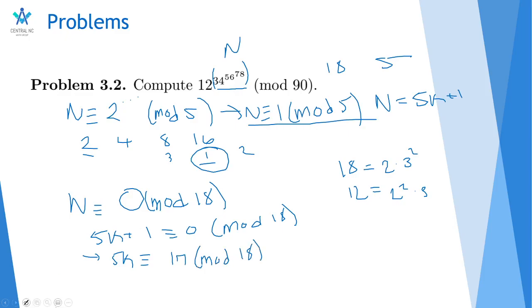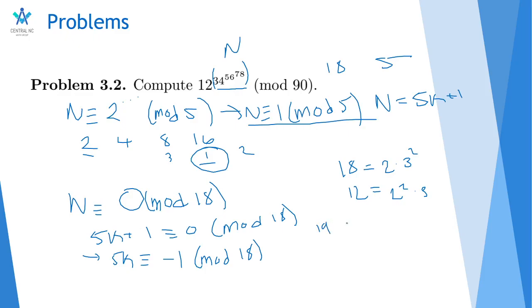Actually, it might be more beneficial with the multiplication to keep this as negative 1. So I'll just keep it as negative 1. And now we have to find the inverse of 5 modulo 18. We can just start listing out multiples of 18 plus 1, so 19.